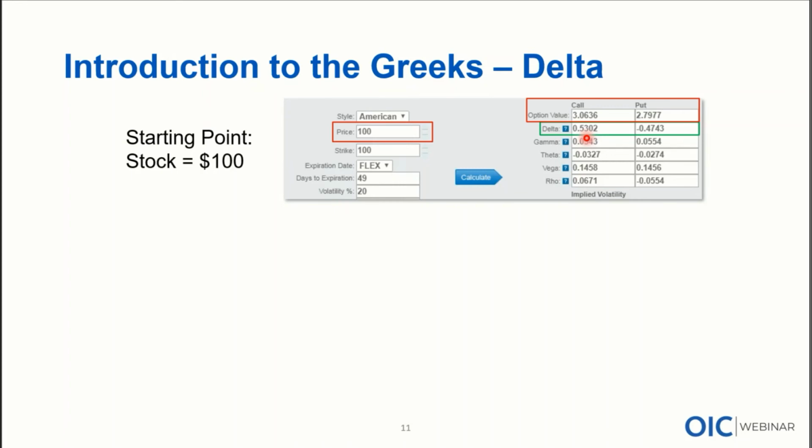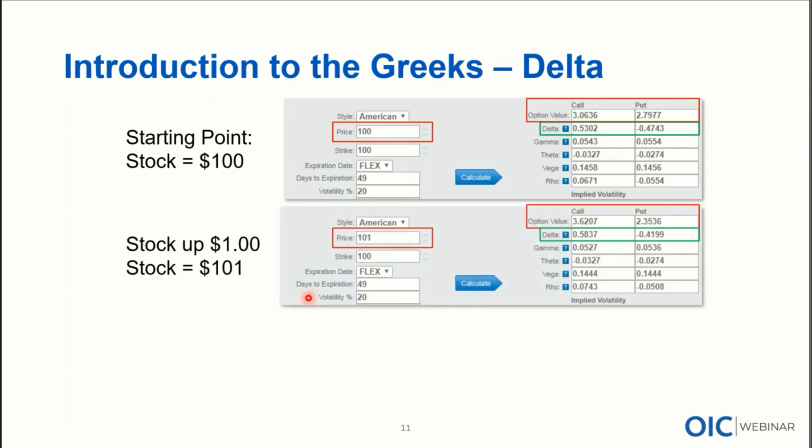So if the stock goes up $1, 306 plus 53 is 359. That's what I think the option is going to be worth, with the stock moving up $1 to 101. Here we've got 101. The option's worth 362, not 359. Now our delta is 58, and it's because of this dynamic feature of delta.